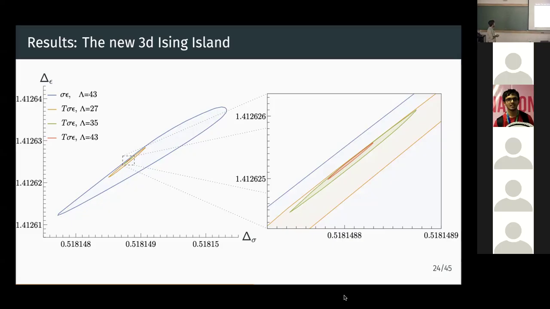Now we've been able to shrink it all the way down to this very small red island here, which is about 40 to 50 times smaller than the previous one. And I should say this is at the same derivative order. So this system is now a strict superset of the previous system. The same derivative order gets us a much, much tighter bound.